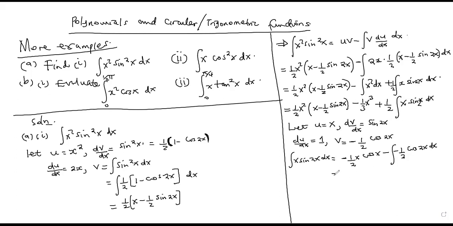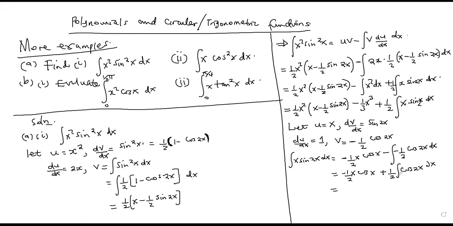So it's going to be negative a half x cos 2x, then plus, this is plus because of this minus. So plus a half, I can put my half outside, integral of cos 2x dx.